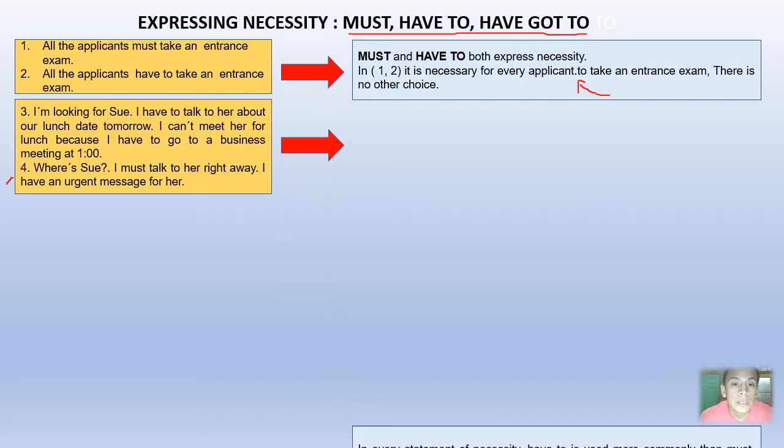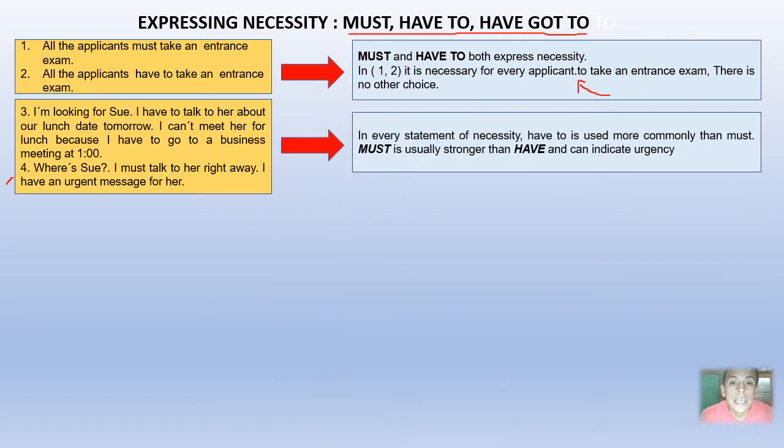And in statements of necessity, the modal have to is used more commonly than must, and the modal must is usually stronger than have to and can indicate urgency.